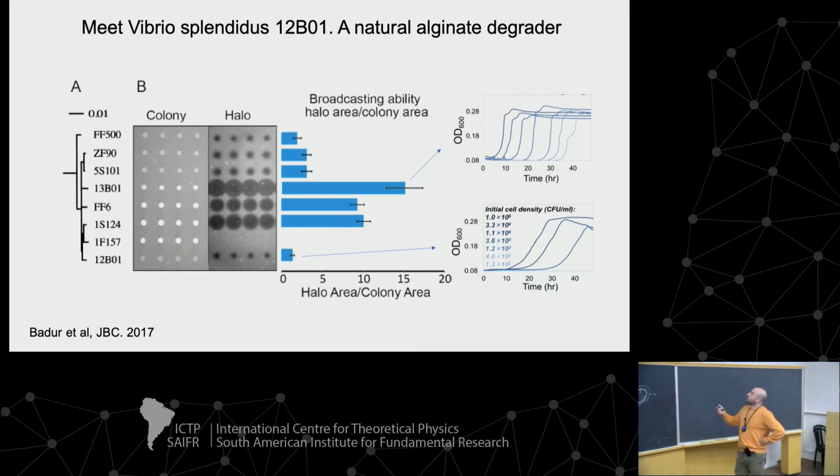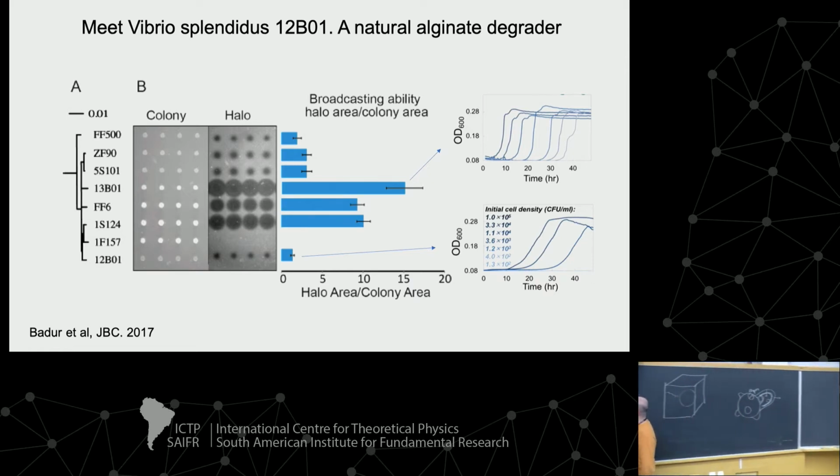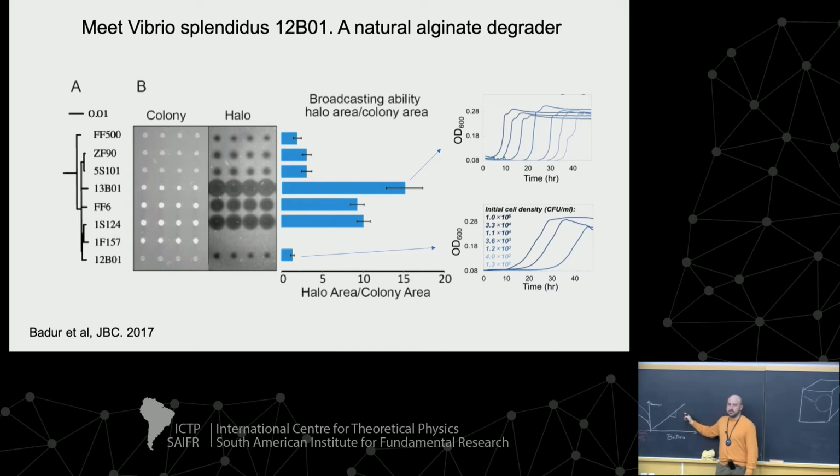Yeah. So these are different strains of different bacterial species, let's call them, for simplicity, of something called Vibrio that is very abundant in the ocean. And these are experiments done by someone else, this guy here, that quantify how much they hydrolyze alginate. So basically, this rate of hydrolysis. And they're not so quantitative.